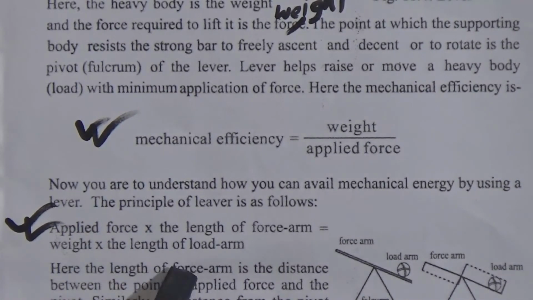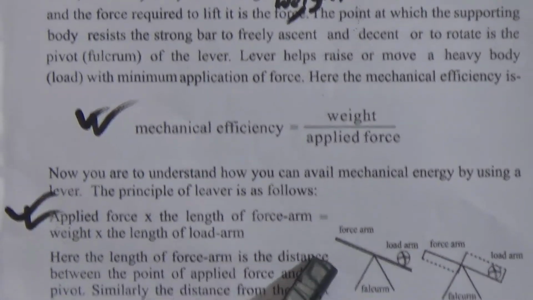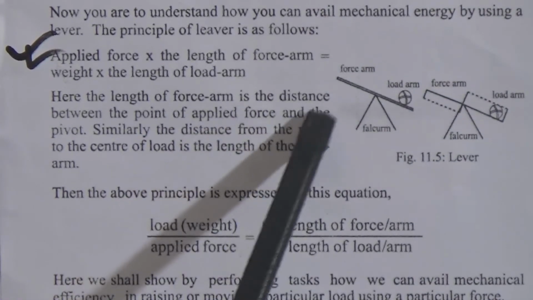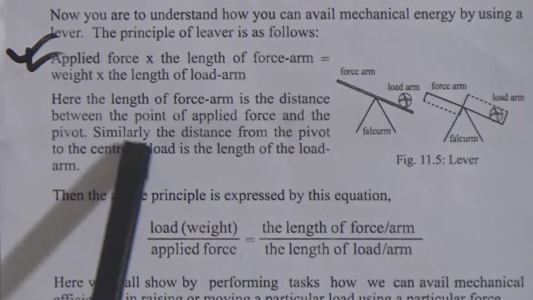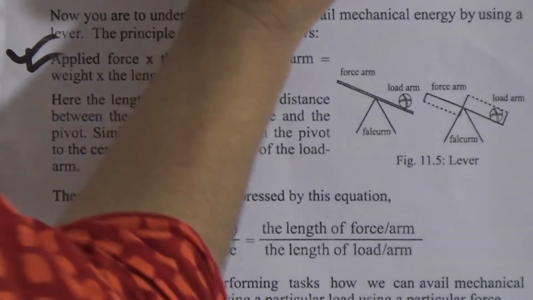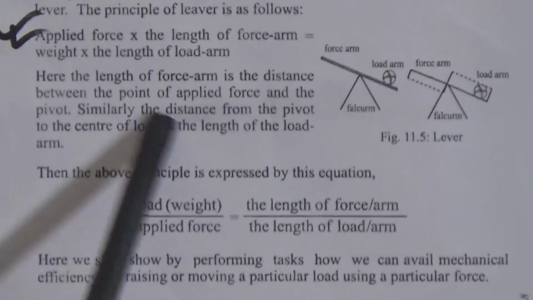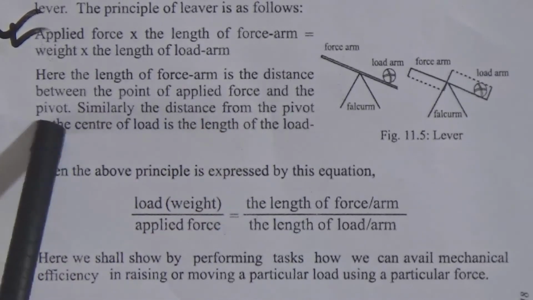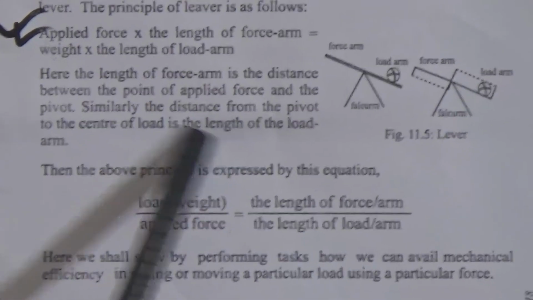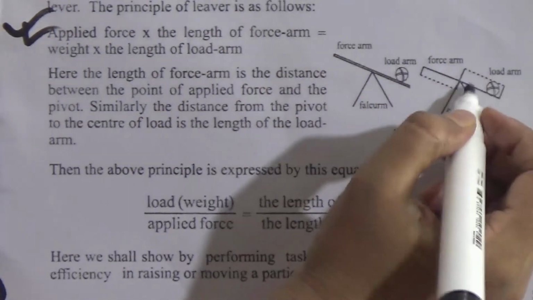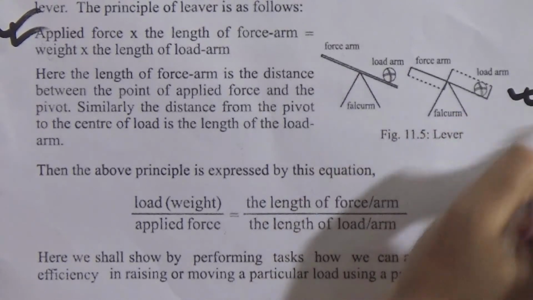Here the length of force arm is the distance between the point of applied force and the pivot. That means this portion. And again, similarly, the distance from the pivot to the center of load is the length of the load arm. That means here, dear students, that is shown here.